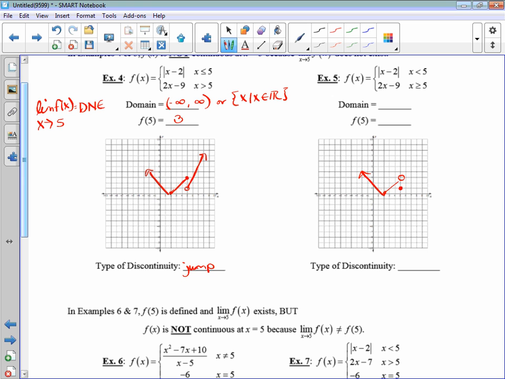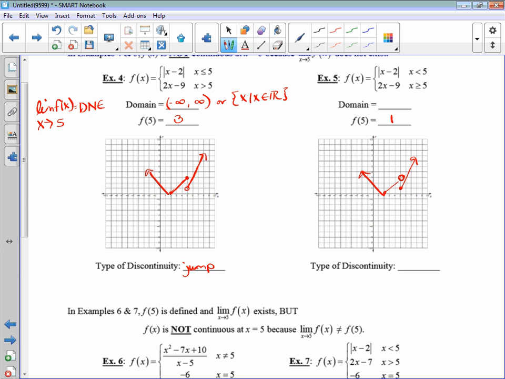But then there, I've got a filled-in dot. I don't like how small these graphs are. So the only thing that's changed here is what the function value actually is. So what is f of 5? 1 instead of 3.